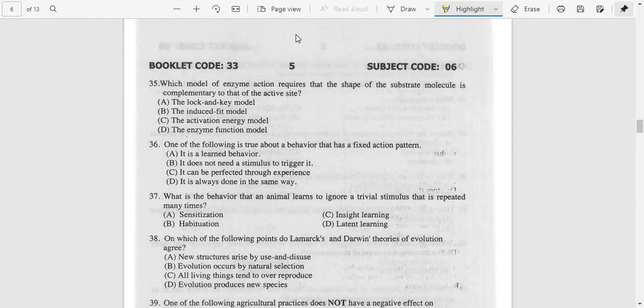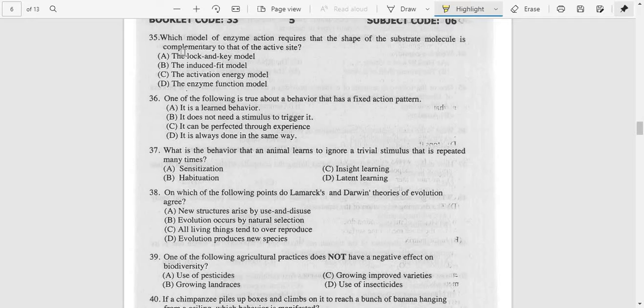Okay, which model of enzyme action requires that the shape of the substrate molecule is complementary to that of the active site? Yeah, it's the lock and key model, not induced fit. Why is it not induced fit?